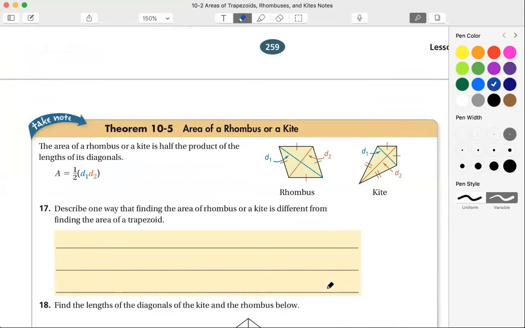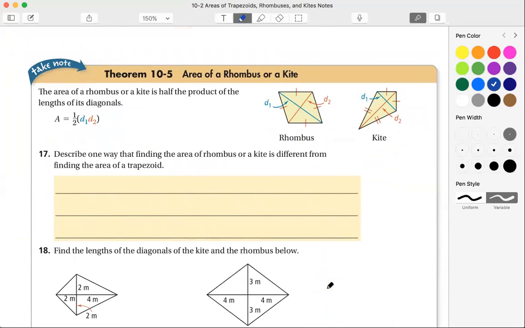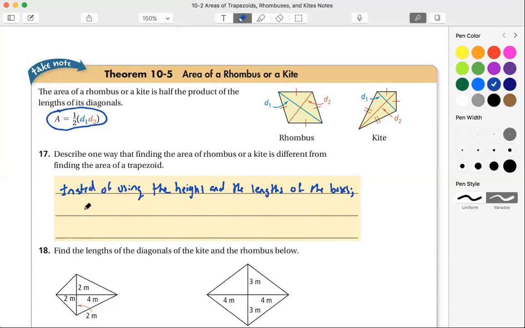All right. The formula for the area of a rhombus or a kite is simply 1/2 the product of the diagonals, d1 times d2. So instead of using the height and the length of the base, you use the lengths of the diagonals.